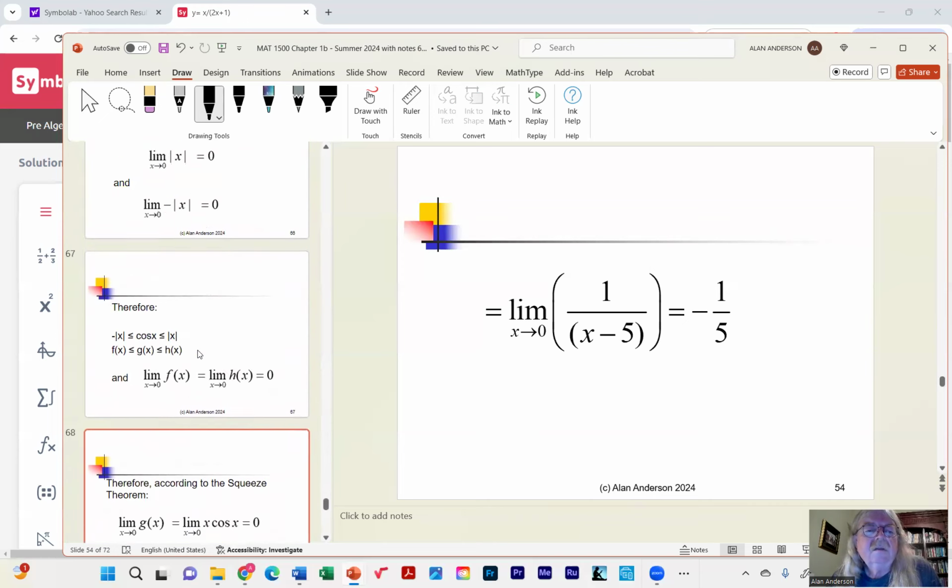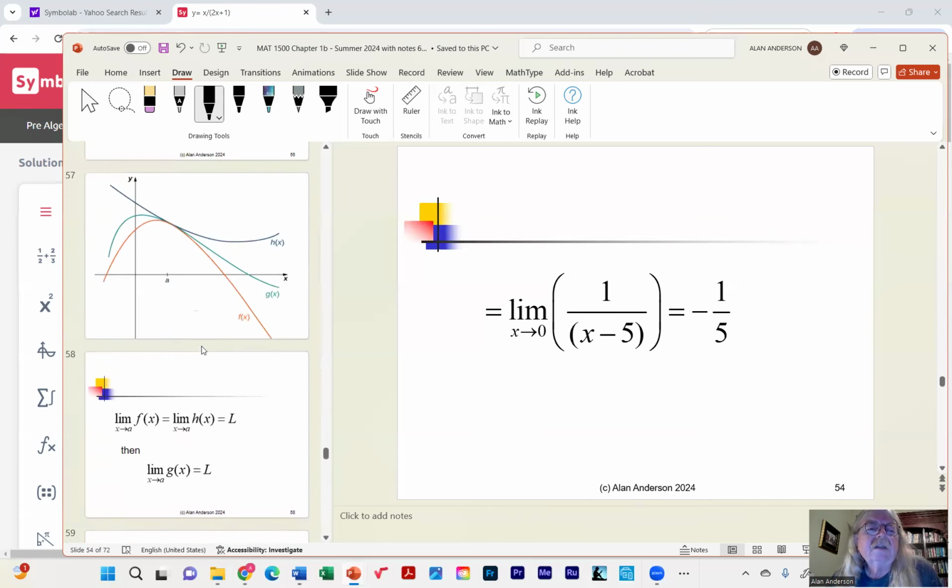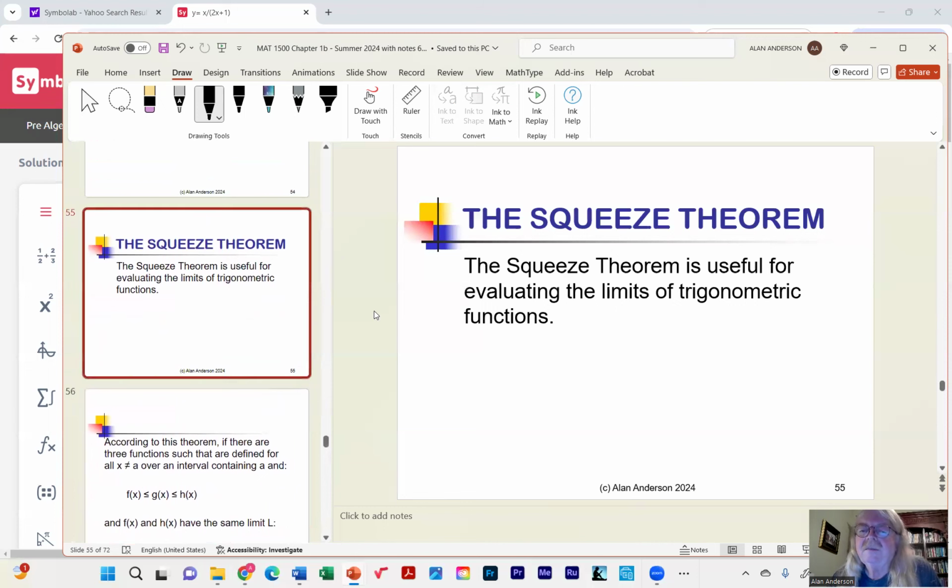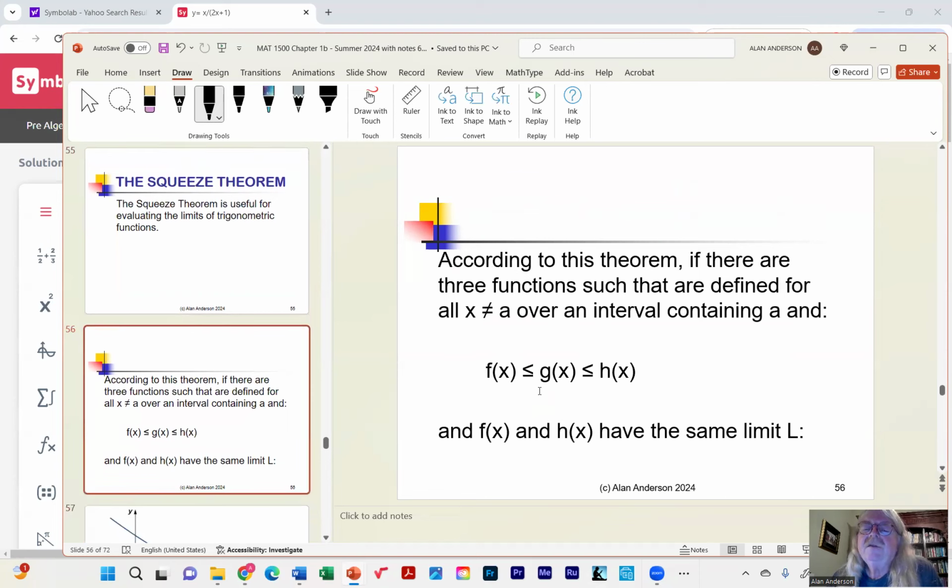Okay, now there's a very theoretical result here called the squeeze theorem. I just want to briefly mention it. What it basically tells us is that if you have three functions such that g of x here is always in between f of x and h of x. For example, I'll try to make something up right now.